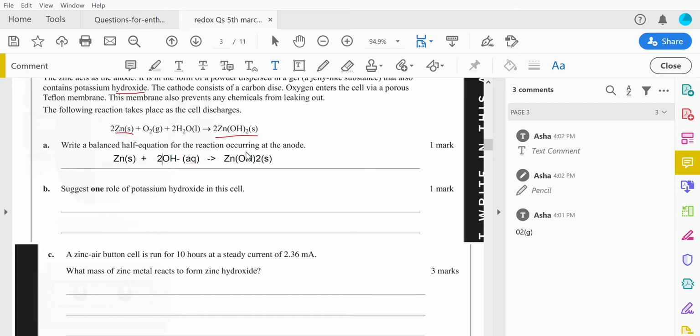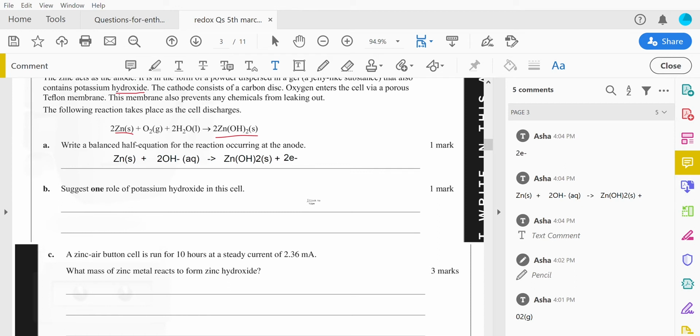Need my electrons. It's oxidation, it's lost, so electrons are going to be on this side of the arrow because they're lost, and in the reaction, therefore, the electrons are the products. And I've got two negative charges over here, so I'm going to say 2 electrons. And that is my half equation for the reaction occurring at the anode.